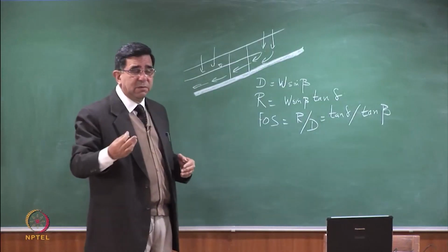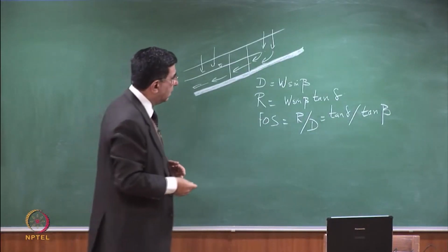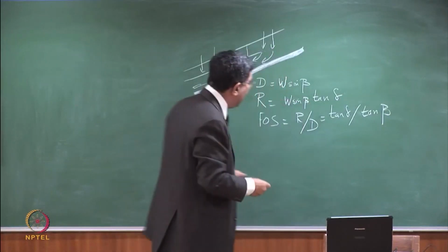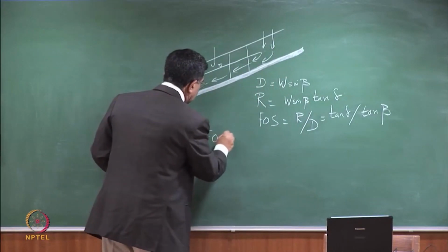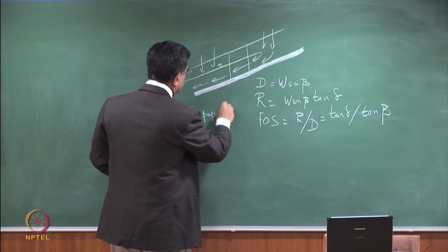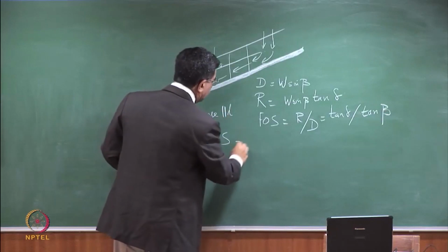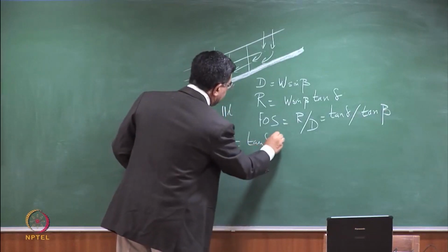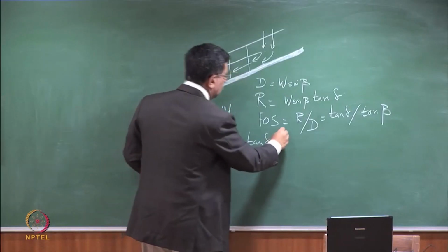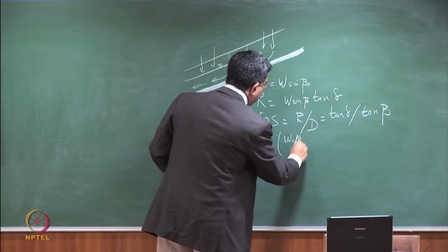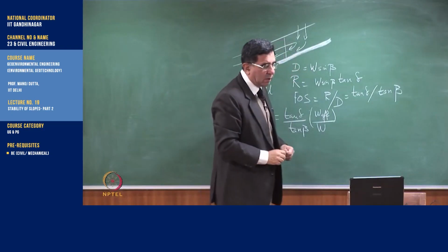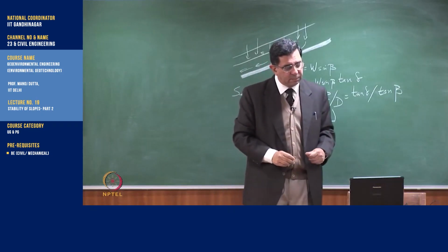And the formula that is given to you is the same formula, tan delta by tan beta multiplied by, when seepage is parallel to the slope, factor of safety is still tan delta by tan beta, but it is W effective by W total, or W whatever you want to call it.